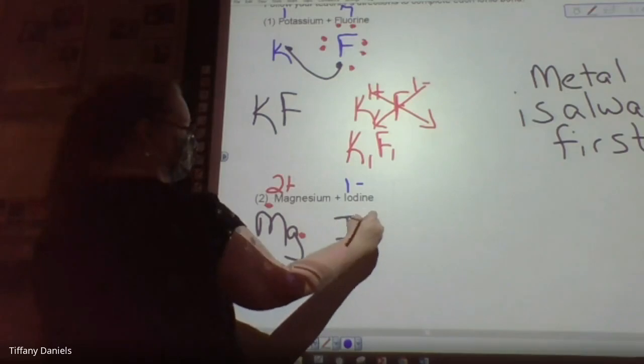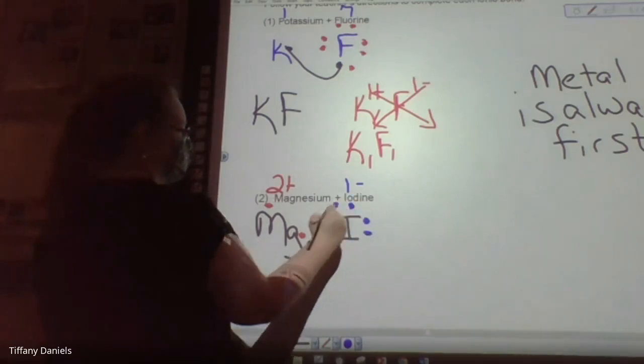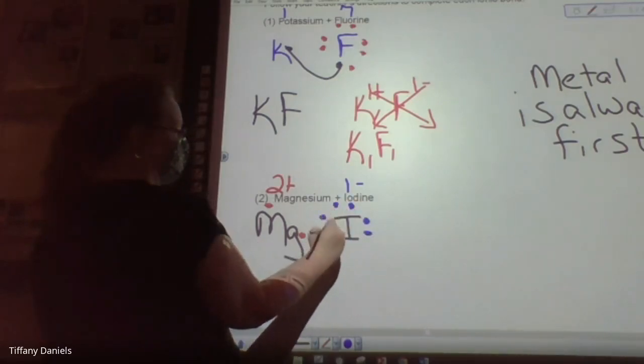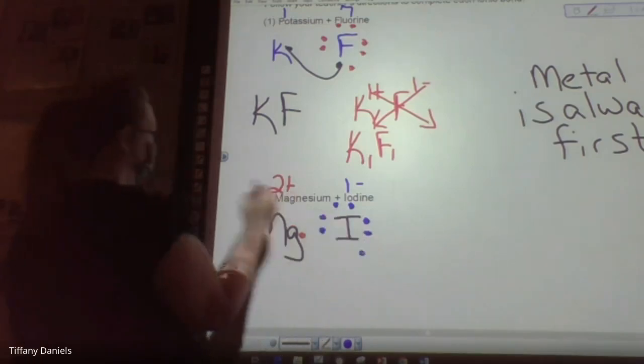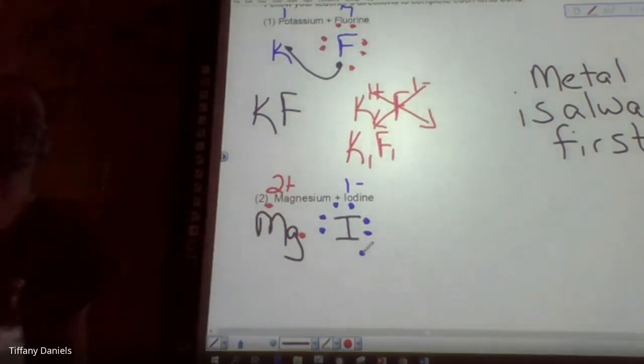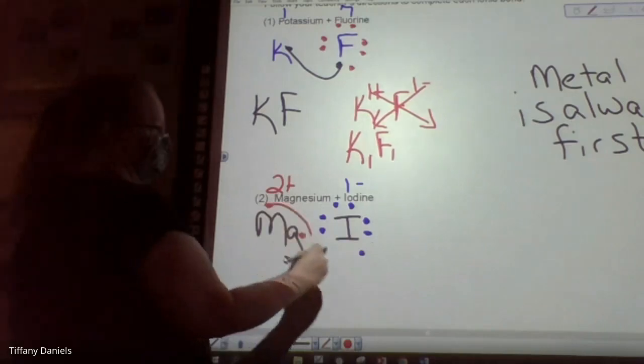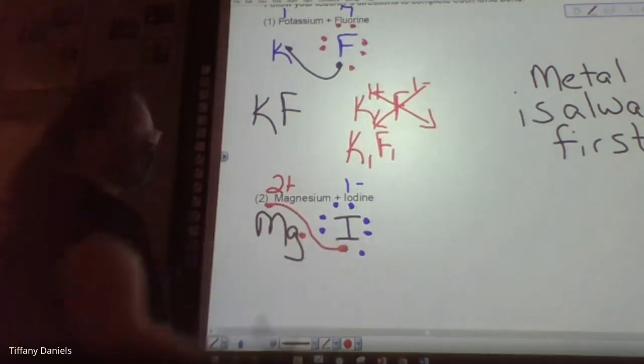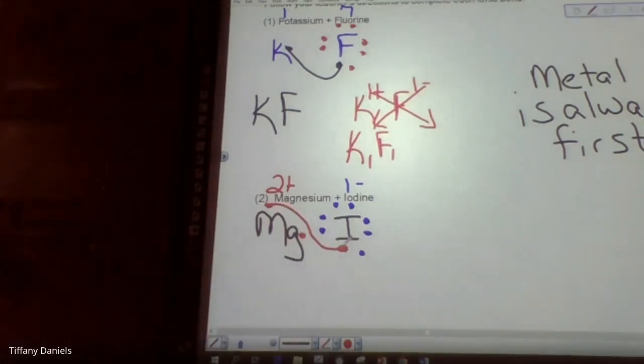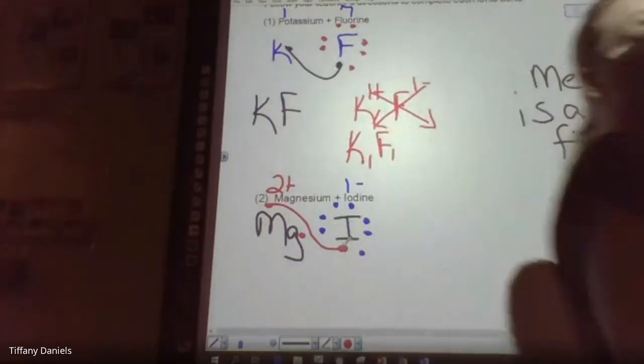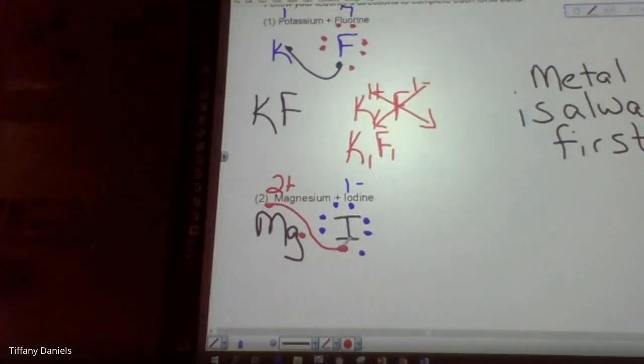And I know that iodine has 7. So magnesium gives 1 electron to iodine, but we still have 1 left over. We can't throw it away, but what can we do? We can have another iodine, that's right.